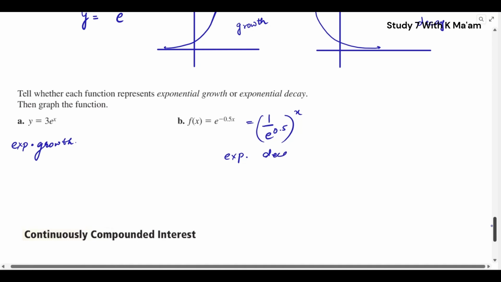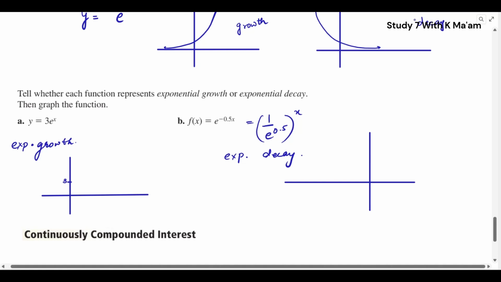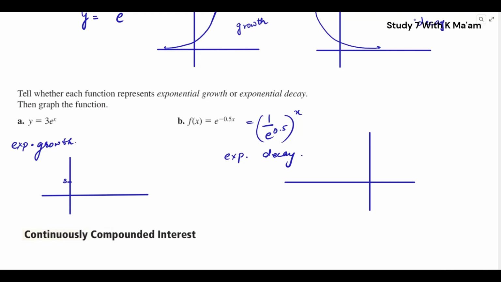Exponential decay function. See, if I try to draw, at 0 it will give you 3. At 1, it gives you 6 point something. It's a very large number. 3 into 2.7 will be 8 point something. So at 1, it's 8 point something.